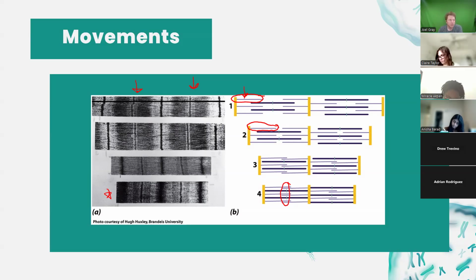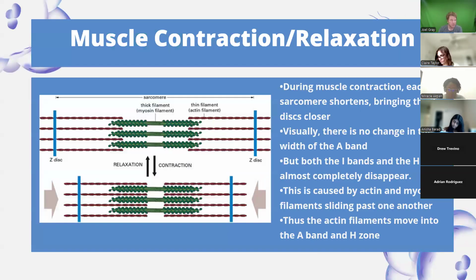Now, how this ultimately relates to physiology, and what are the steps taking place here? The steps that I want you to know about is that myosin head groups grab onto actin filaments. And during muscle contraction, each of those sarcomeres is going to get shorter, where the Z discs are going to get closer to one another, but they're also going to get closer to the M disc.